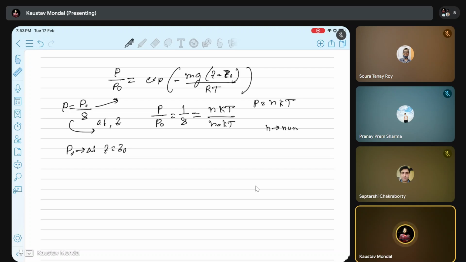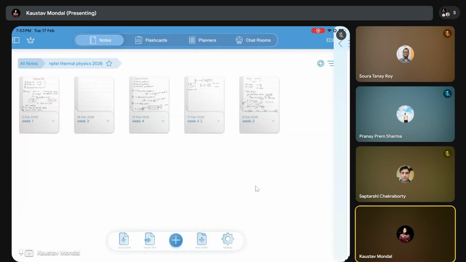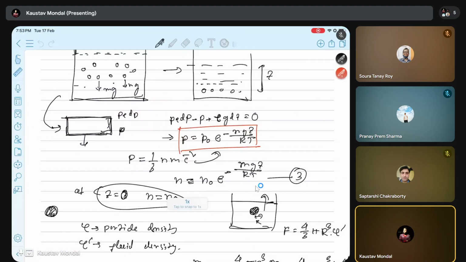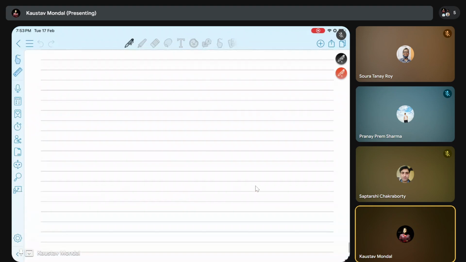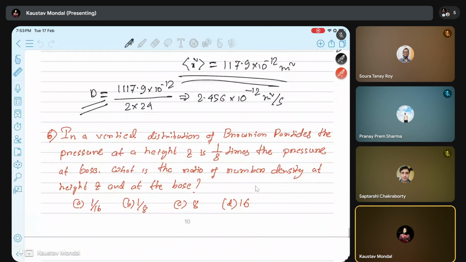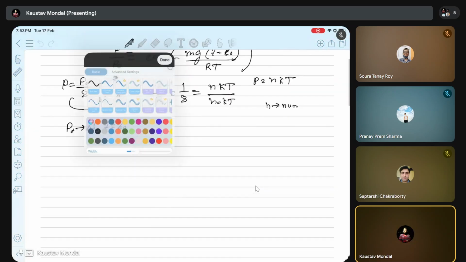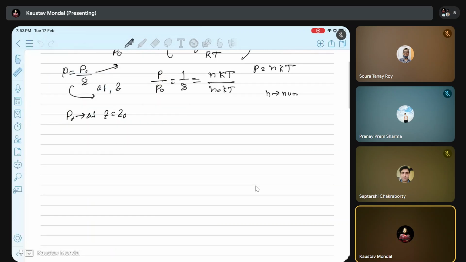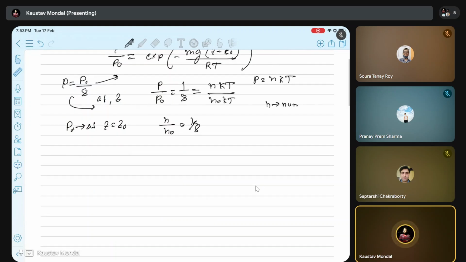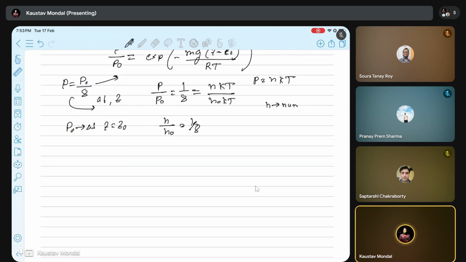That is what we have to calculate in the problem, so we just need this equation only. So P by P0 is N by N0, which is 1 by 8. That means the number density also varies by the 1 by 8 relation.